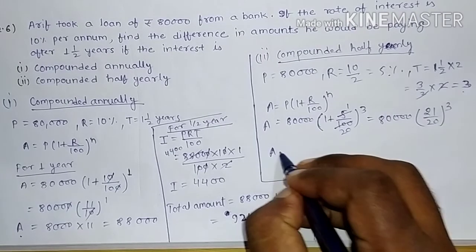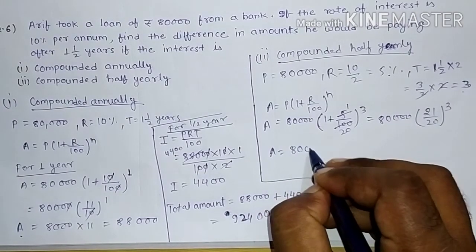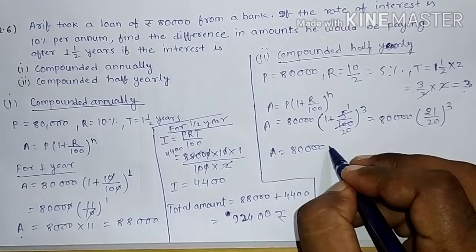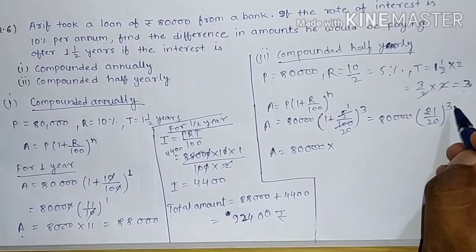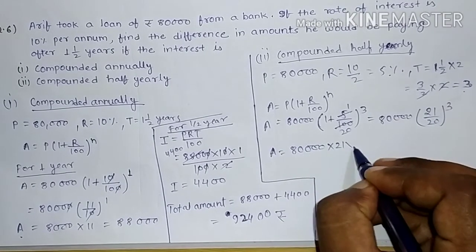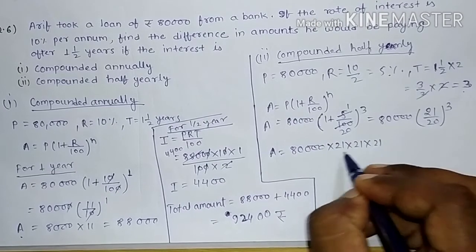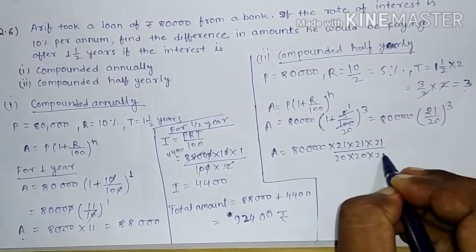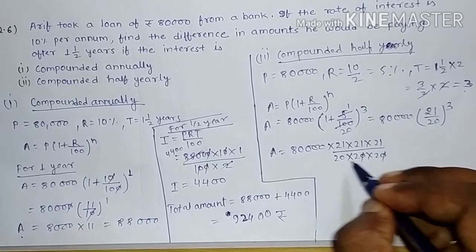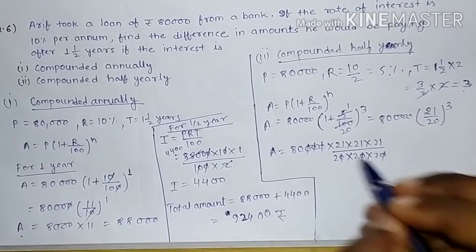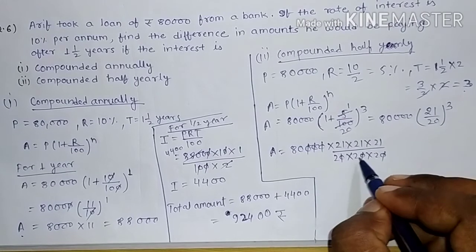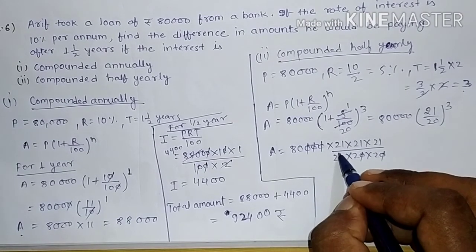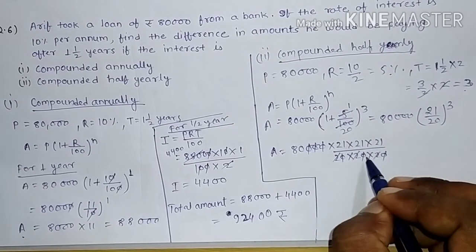Now amount equals 80,000 times 21 upon 20 to the whole cube, which means 21 is multiplied 3 times and 20 is also multiplied 3 times. Just simplify it. The 3 zeros cancel out. 2 fours are 8, 2 fours are 8, that is 8.